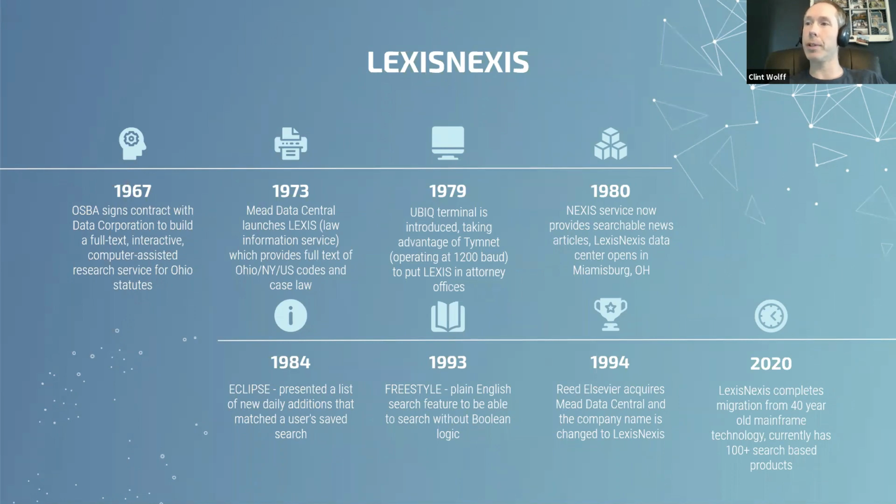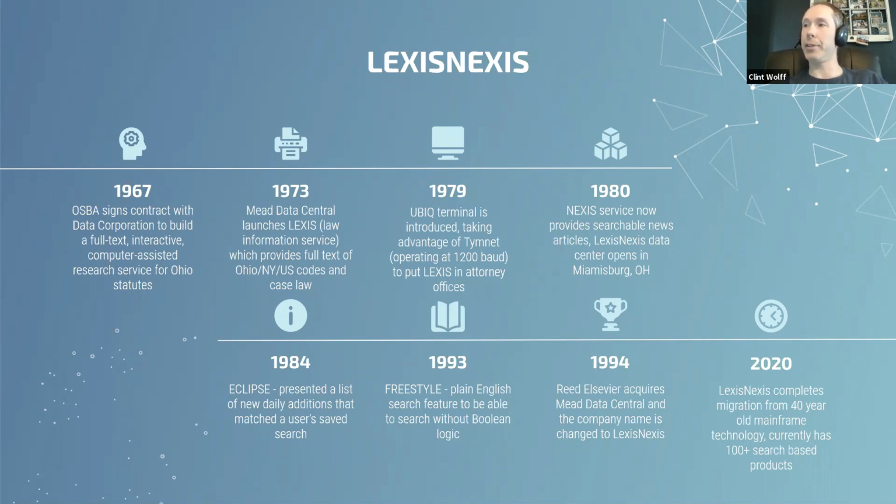Eclipse in '84 would present a list of new documents that matched a user search when they logged into Lexis, right? Of course, we do that through percolation type of features that I'll talk about later on. But in '84, this concept of saving a search and showing the new documents that match the search, I thought was pretty amazing.